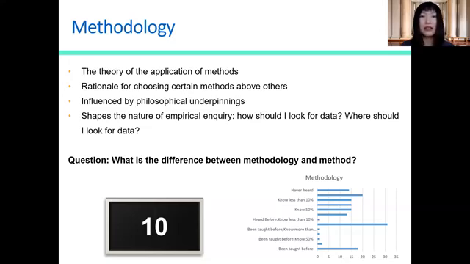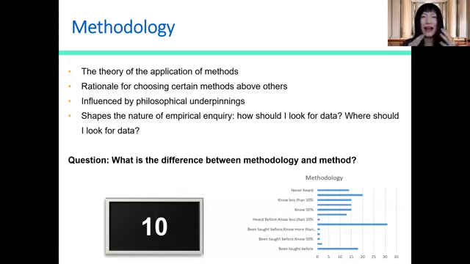For methodology, the two commonly used types are quantitative methodology and qualitative methodology. I think you may have already heard of these two terms, right?